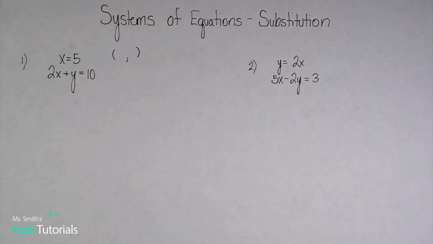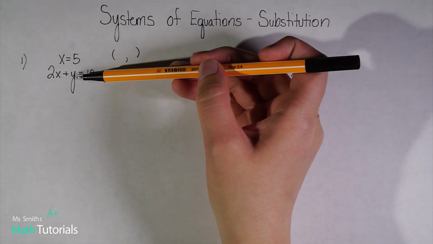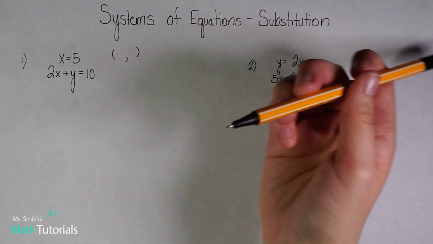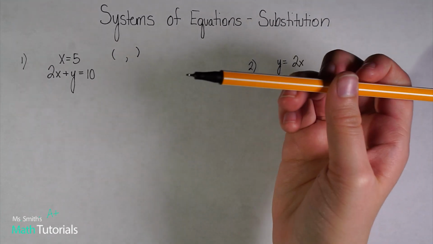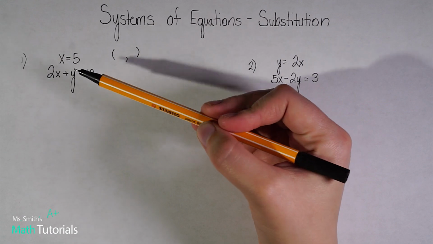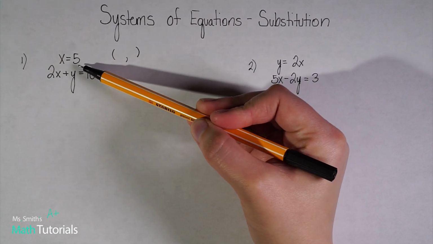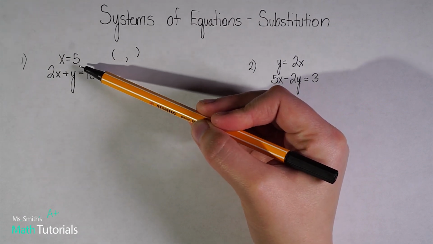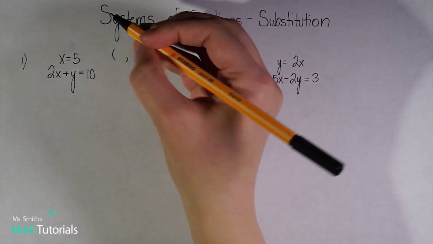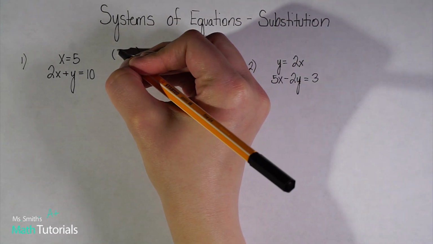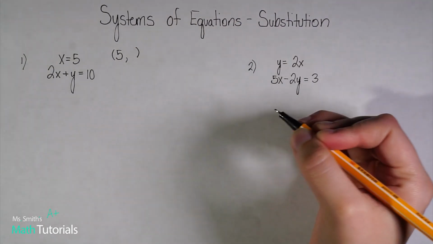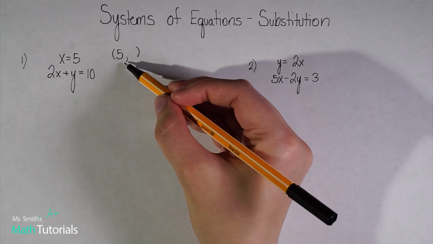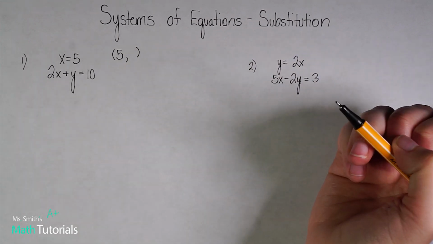Because we're looking for the intersection of these two linear equations. Okay, so what's nice here is I already know what my x is because it's told me x equals 5. So I can go ahead and fill in my x. It's 5. So now I'm halfway to my answer. I just need to know what my y is.